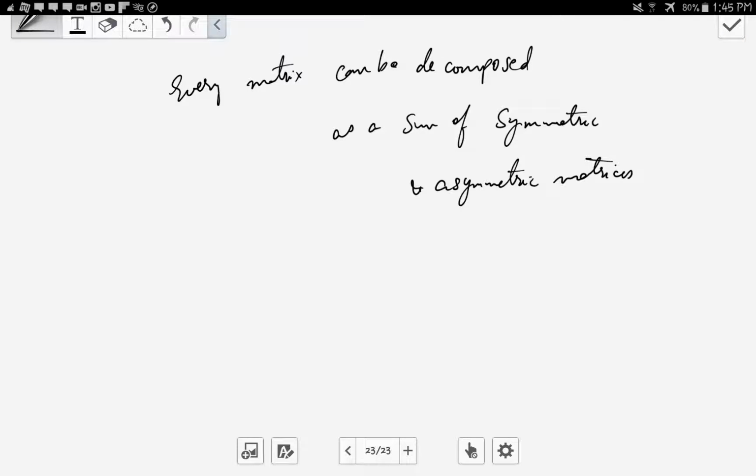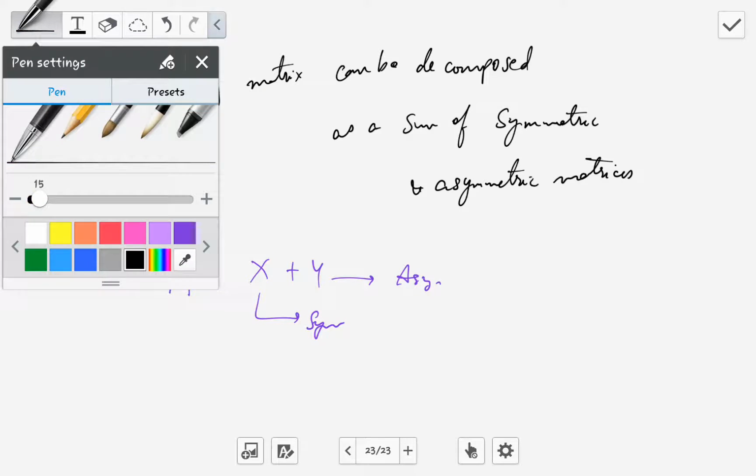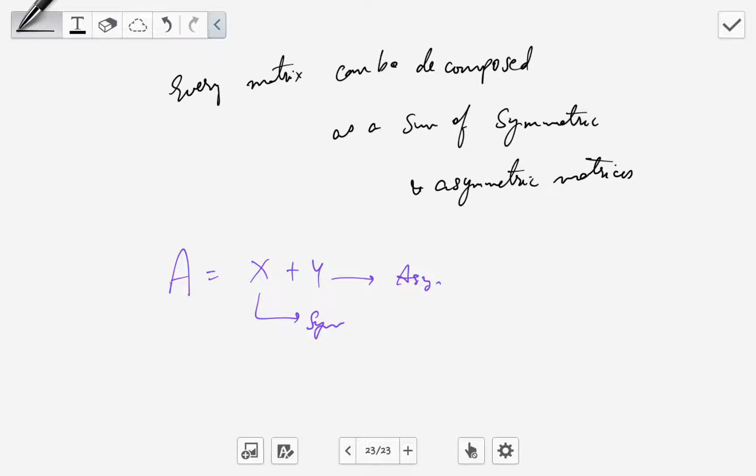How is that? We have A is equal to x plus y. Say x is a symmetric matrix and y is a skew symmetric matrix.